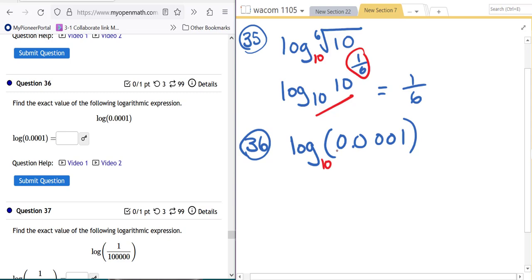And if you think of your scientific notation, this piece is 1 times 10 to the negative 4th, because you're going 1, 2, 3, 4. So that is 1 times 10 to the negative 4, and 1 times anything gives you back the same thing. So this expression, we can write it as 10 to the negative 4. So log base 10 of 10 to the negative 4, and then we can get the answer because we're in our proper form.